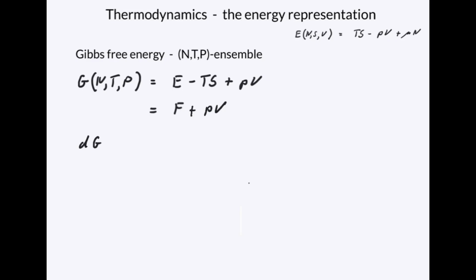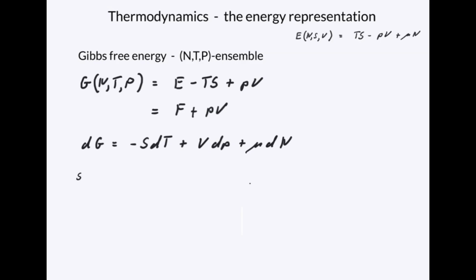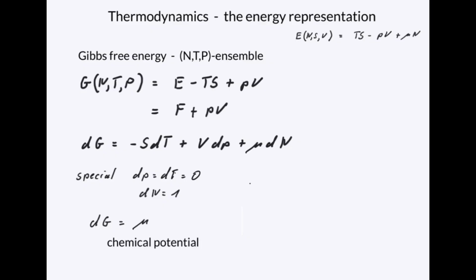This is equal to F plus PV. The differential form of the Gibbs free energy is given by minus S dT plus V dP plus mu dN, from which the respective conjugate variables S, V, and mu can be read off. Now, in the special case that in a given process the temperature and the pressure will not change, we see that the change in the Gibbs free energy is identical to the chemical potential of the system.